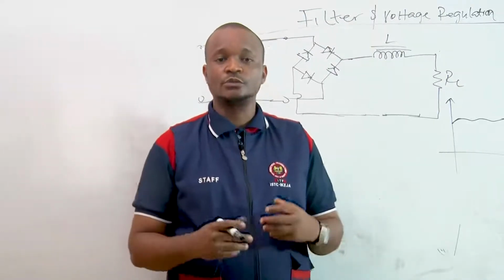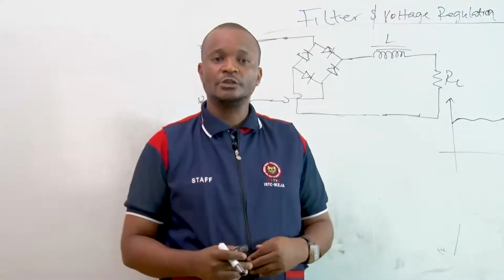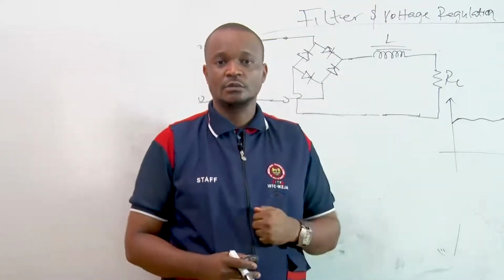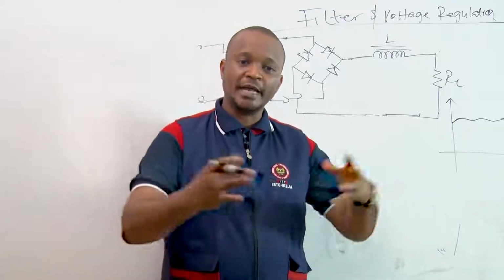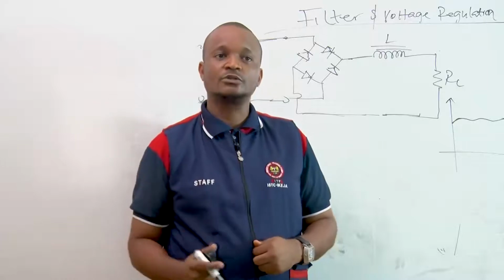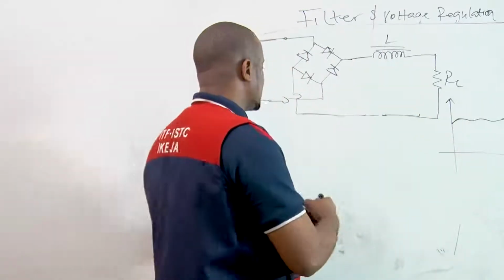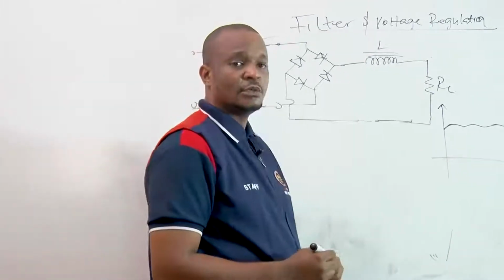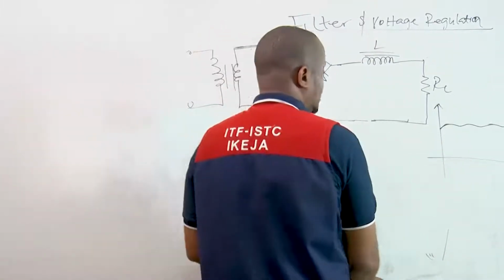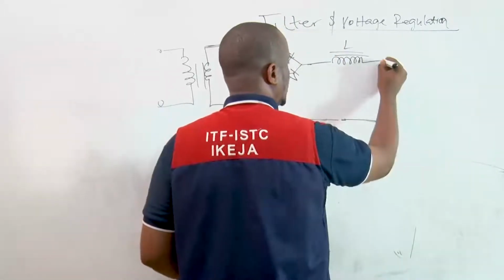Whereas if you want more current expected at the load, you can use the inductor alone. So we want to combine the advantage of the capacitor filter and the inductor filter, and then we have the LC.